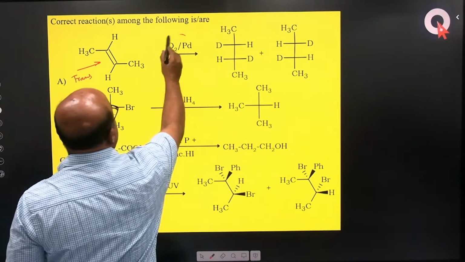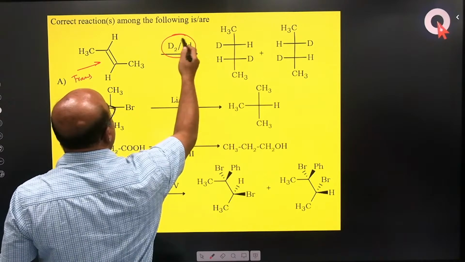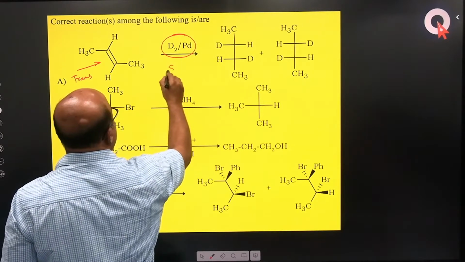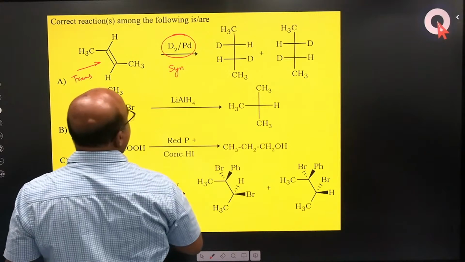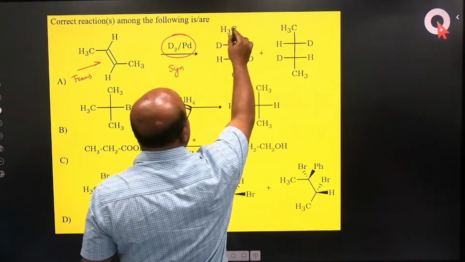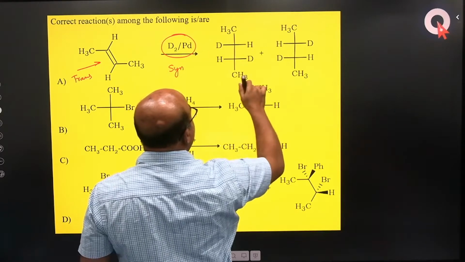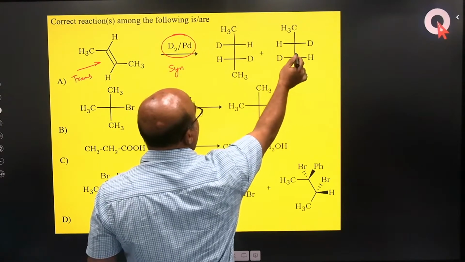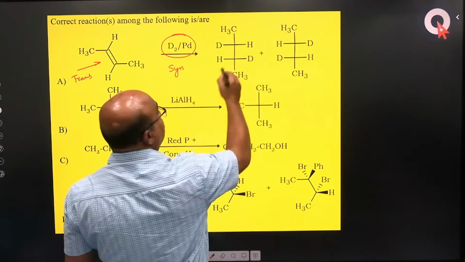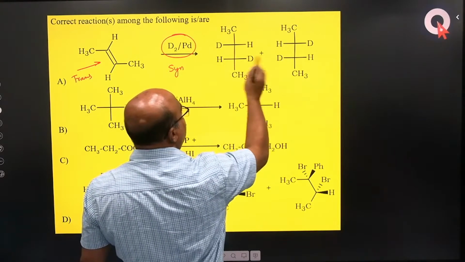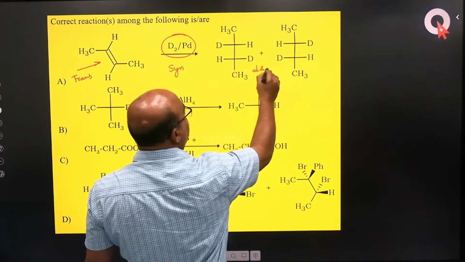We are adding hydrogen or deuterium under a catalyst surface, that is syn addition. So you get this compound with CH3, CH3, deuterium, deuterium, and there is no plane of symmetry. So this compound is optically active. Suppose this is D, this is L. So you are getting a mixture of D and L, a racemic mixture.